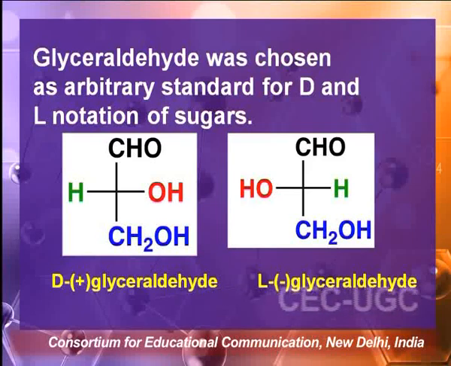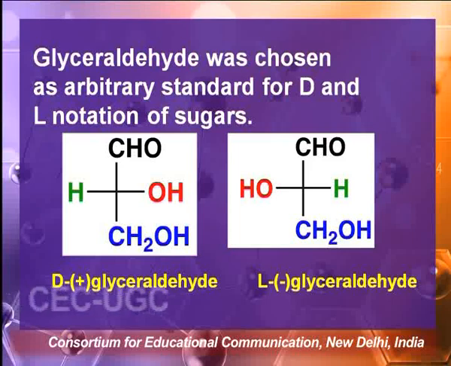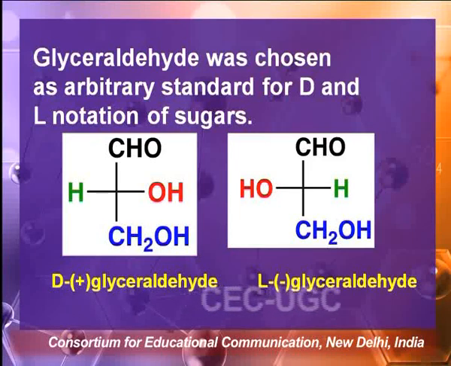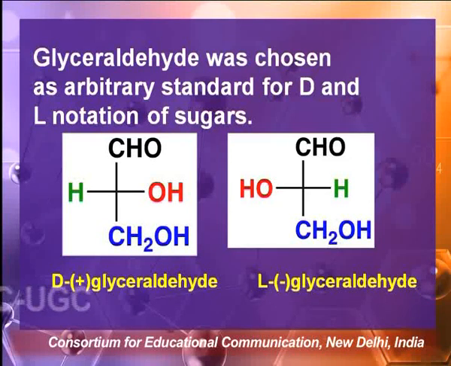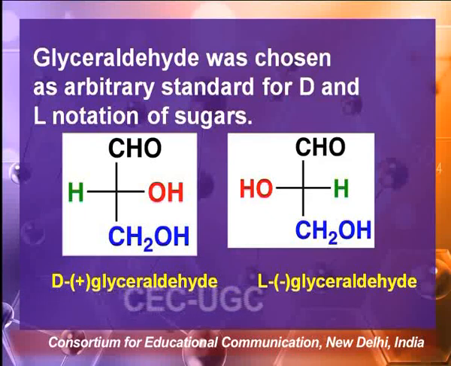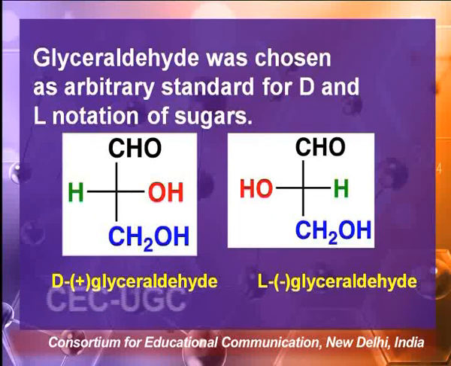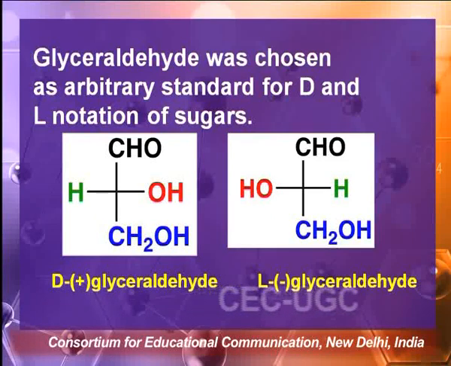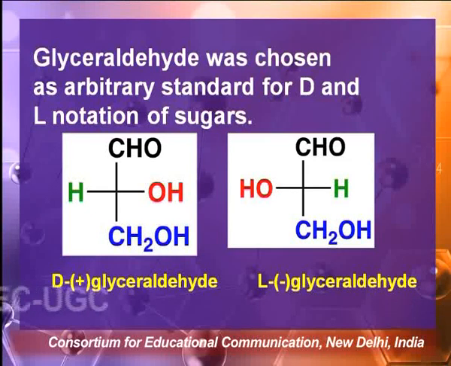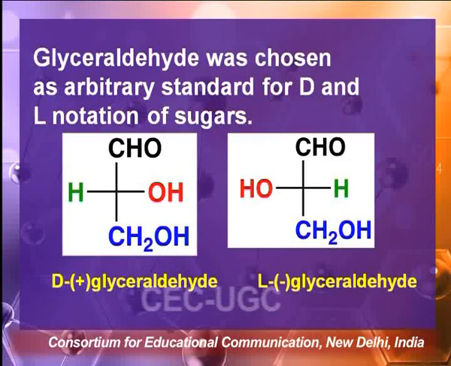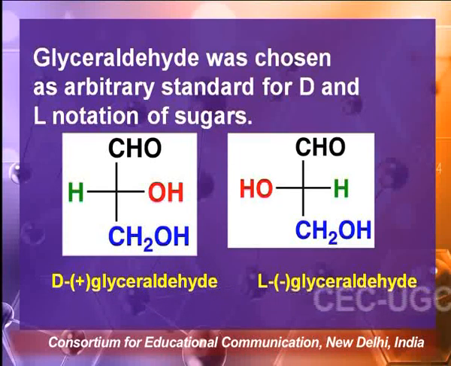As you can see on your screens, we have written D, capital D, plus in brackets, glyceraldehyde. In this molecule, the central carbon, expressed at the point of intersection of the horizontal and vertical lines, is chiral, since it is attached to 4 different groups: an aldehyde group CHO, a hydroxyl group OH, a hydrogen, and a hydroxymethyl group.